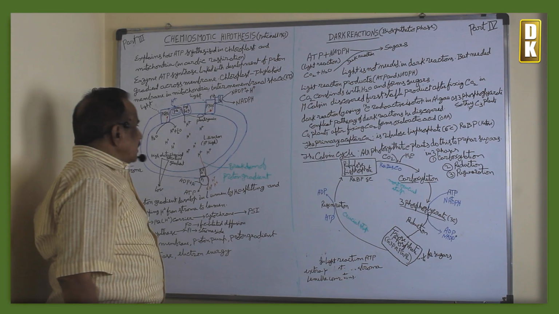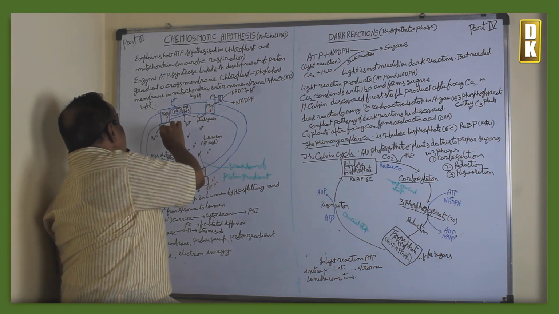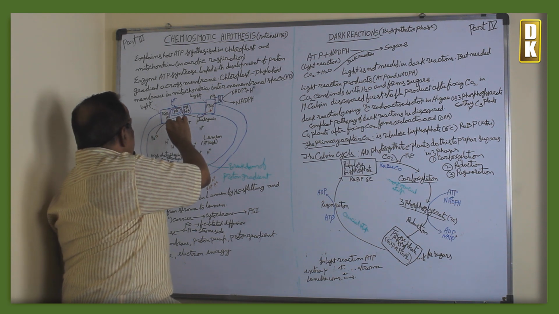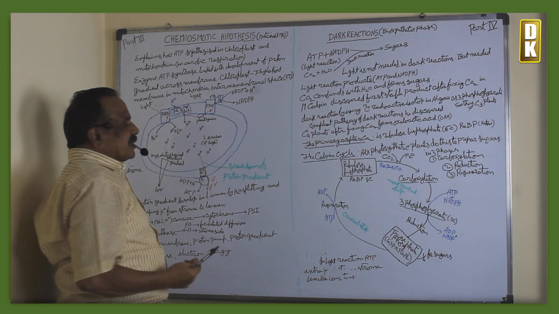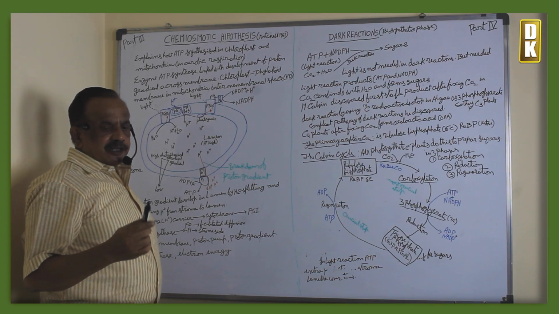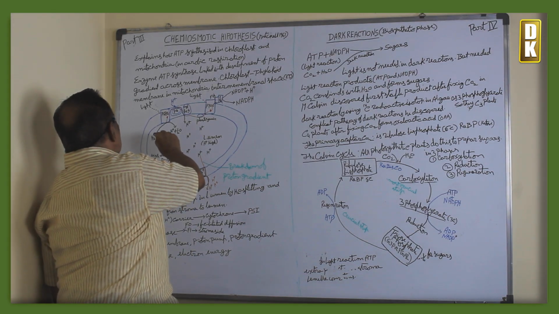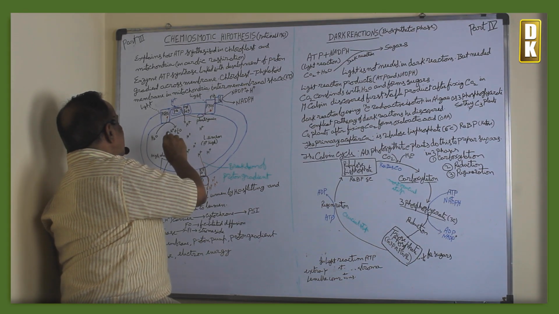Now you see, the electron that has gone from photosystem 2 will be filled by the electron from the water. I already discussed the splitting of the water in the last video. Now the water molecule will be split into electron, proton and oxygen.